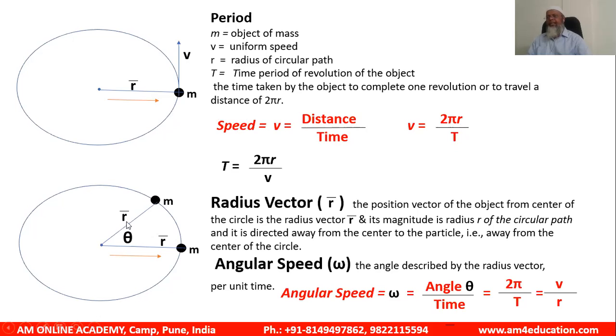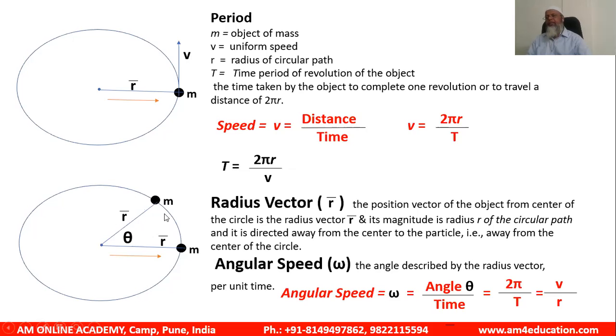The next is radius vector. Now, what is radius vector? This particle m at time t is at this position, and this is the radius, directed outward. So that is the position vector of the particle. After some time, at time t1, the particle is at this position, and this is the radius vector.